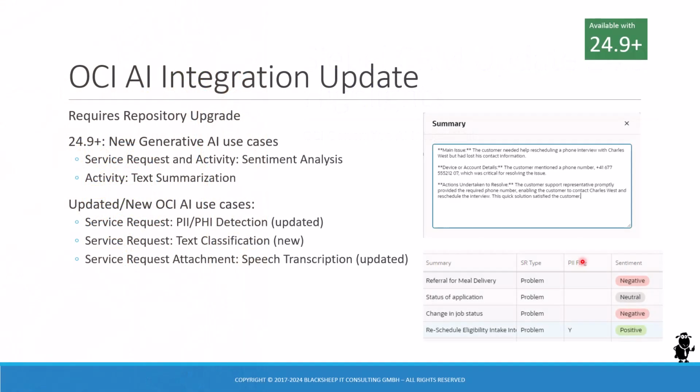So of course in 2024 there is no IT presentation without generative AI, so Siebel 24.9 has pre-built integration with Oracle's generative AI service, such as sentiment analysis for service requests and activities, or text summarization for activities. This goes in addition to the existing use cases that Oracle provides out of the box, and that is now a great enhancement to modern Siebel.